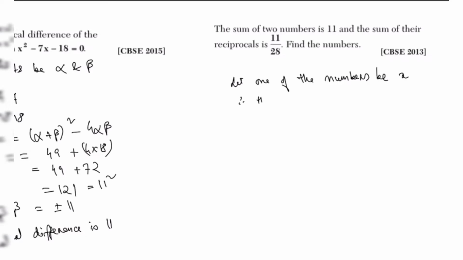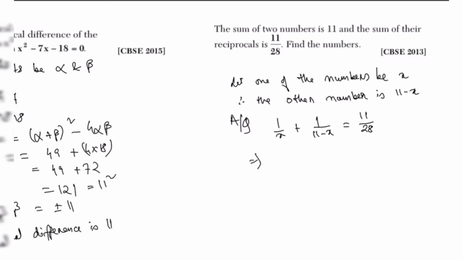Therefore, the other number is 11 minus x. So, as per the question, 1 by x and 1 by 11 minus x when added should give you 11 by 28.